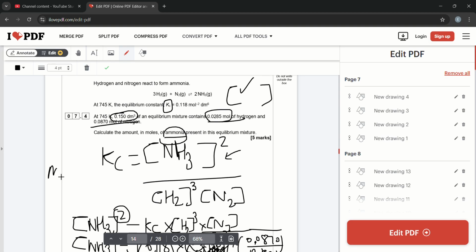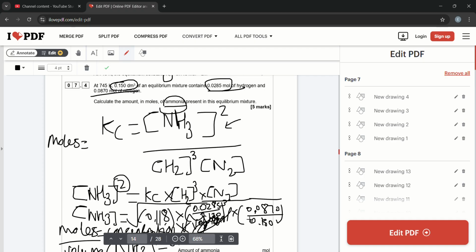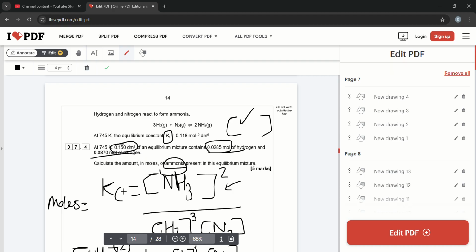Now let's look back at that equation. Moles equals concentration times volume, and concentration is moles divided by volume. We've got the concentration of ammonia, and now we want to find the moles of ammonia.